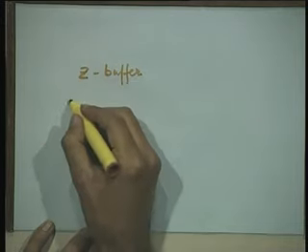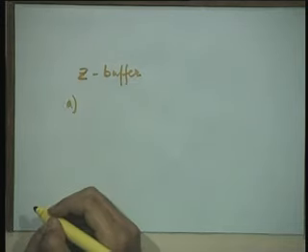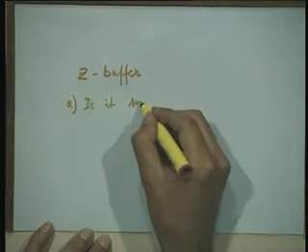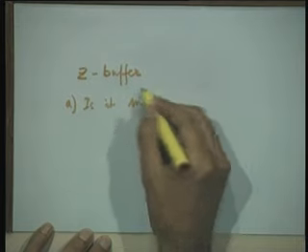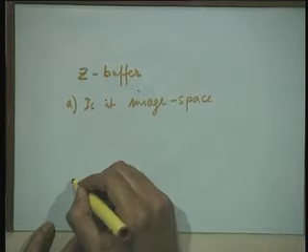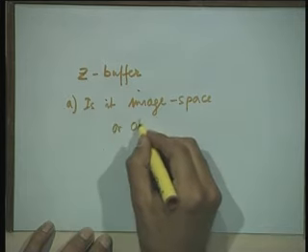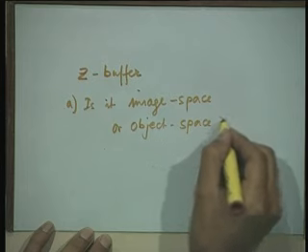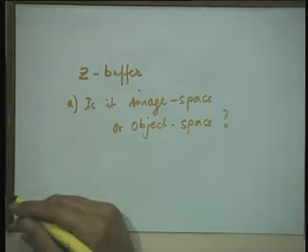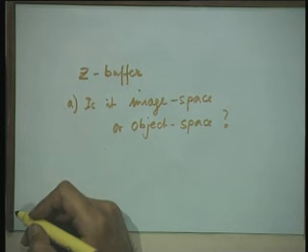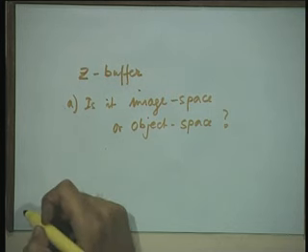So the A part: is it image space or object space, right? That's the first part of the question.